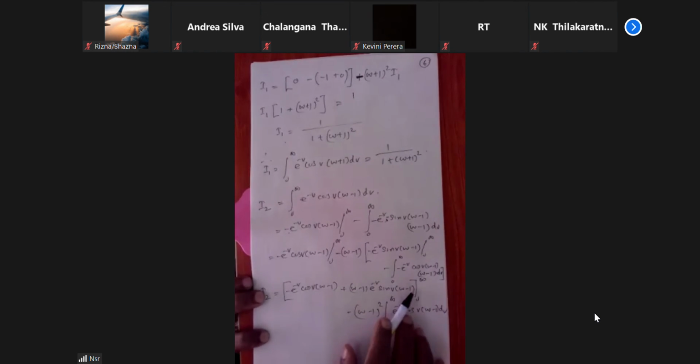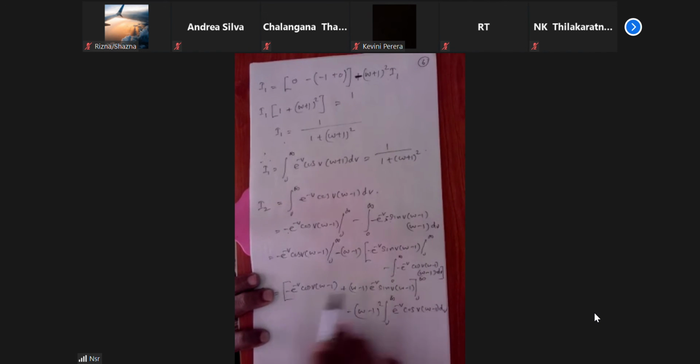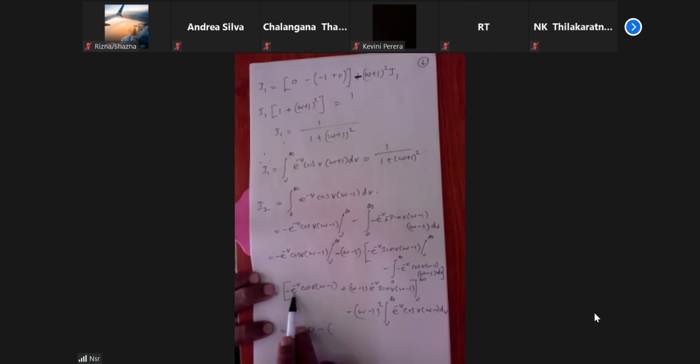So again substitute the limit. Upper limit, infinity, e to the power minus infinity goes to 0. Therefore, when you substitute the upper limit, that becomes 0. Then substitute the lower limit. When you substitute the lower limit, what happens? This is both 0, 0 plus 0 minus, when you substitute the lower limit, that is 0 means this is minus 1, minus 1, this one 0 means plus 0, minus (omega minus 1) square.